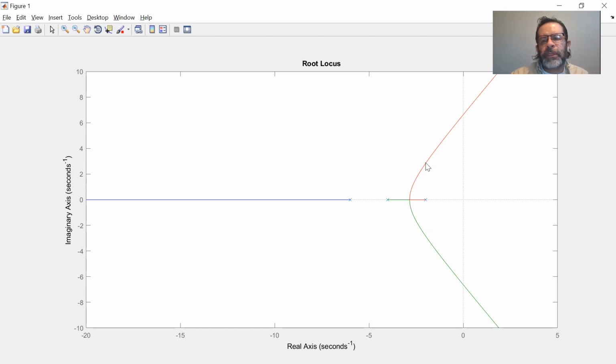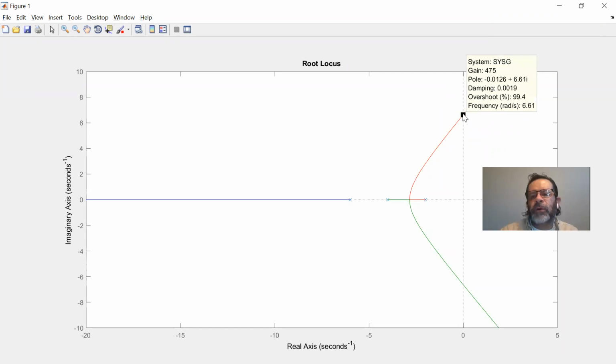For this system, if we go along here, we find it can have a higher gain, around 470 to 475, between 475 and approximately 480. That's the approximate range for us to get into an unstable region. So this is another example of how we can plot the root locus.